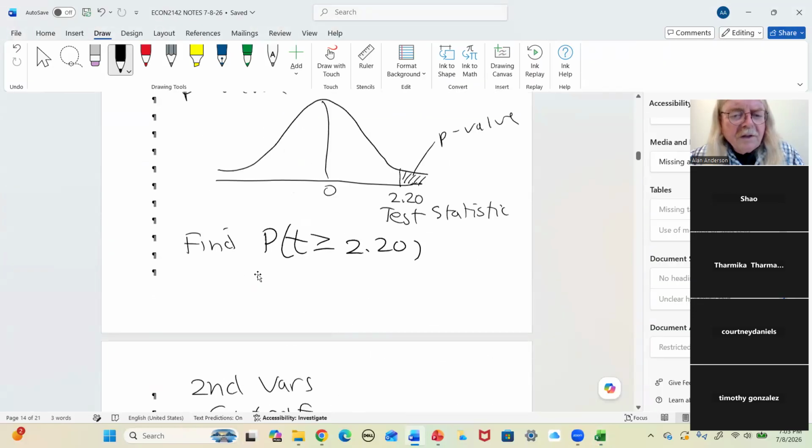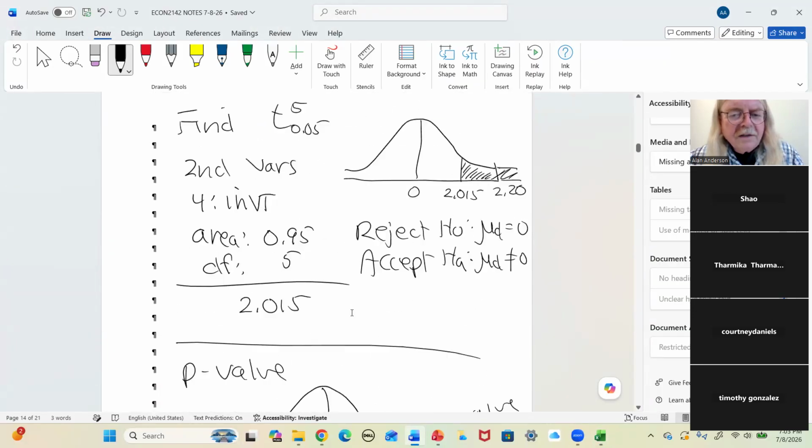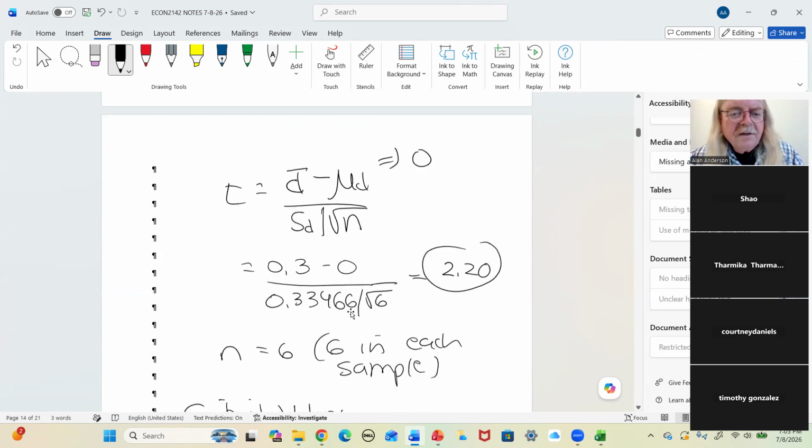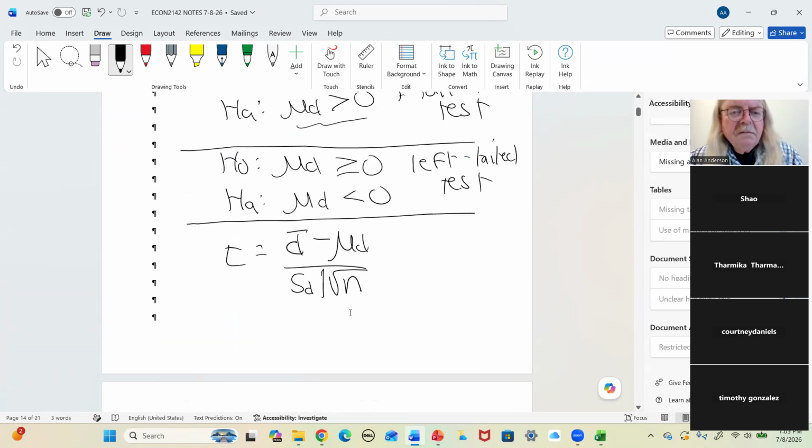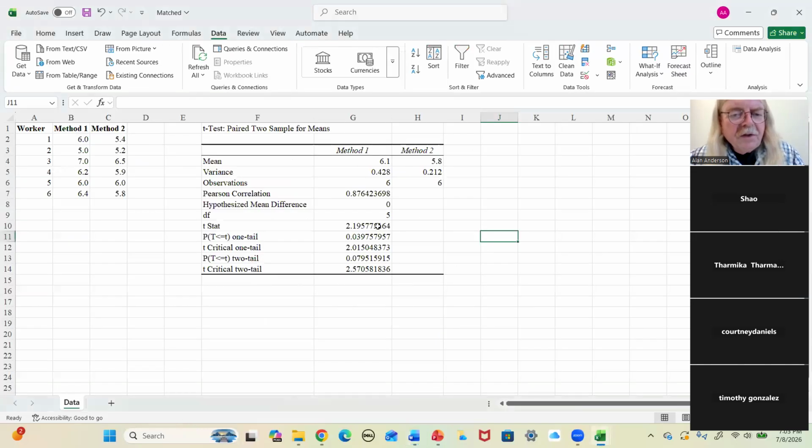I don't remember the way the question was worded. I see right tail, so I guess this was a right tail test. But anyway, these are the three different p-values. This is the one we got, and this is what it would have been with the two-tail test. So that's it. This one is done. So save it and send it to me.